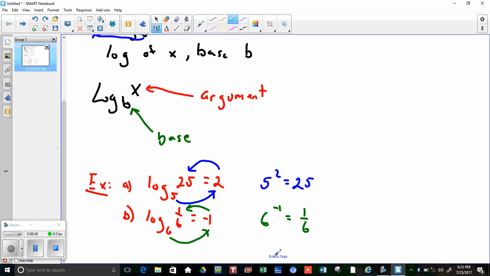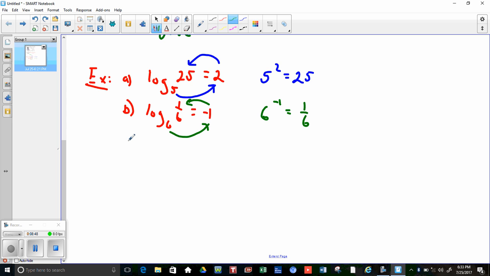Okay, let me extend my page just a little bit here. Okay, let's go with another one. Let's do the log of the square root of 2 base 2 equals 1/2.